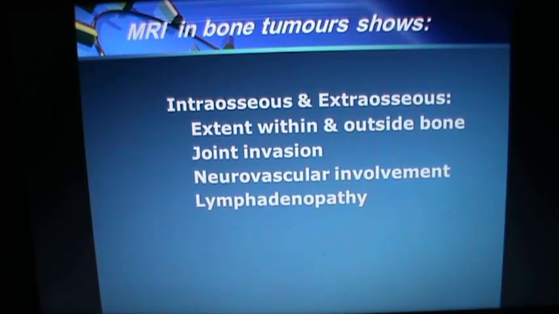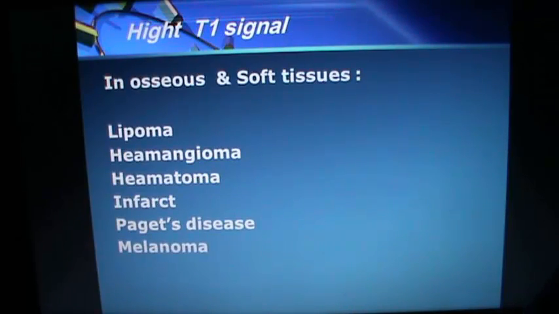If we are doing MRI for a bone tumor, we can get a chance to investigate the intraosseous as well as the extraosseous spread, joint invasion, neurovascular involvement, and lymphadenopathy. High T1 signal could be seen in fatty tissue, blood, and melanin.